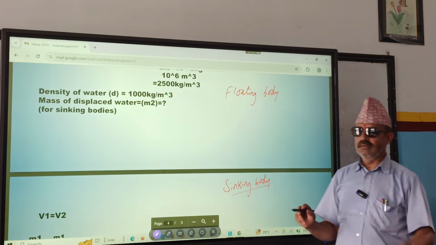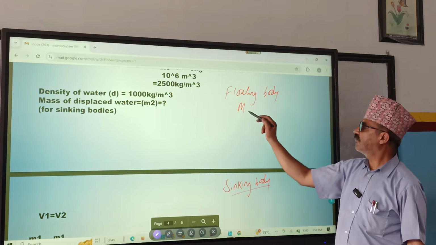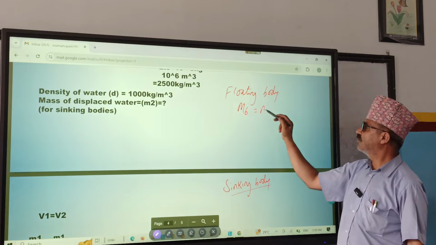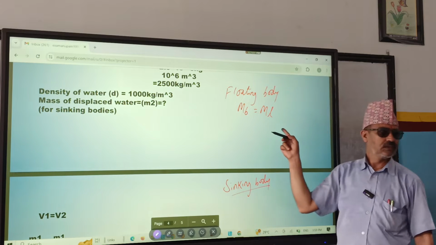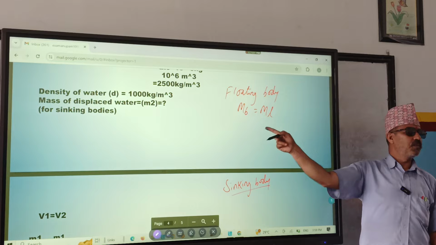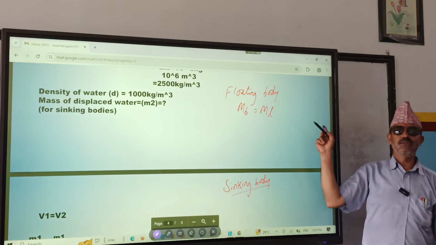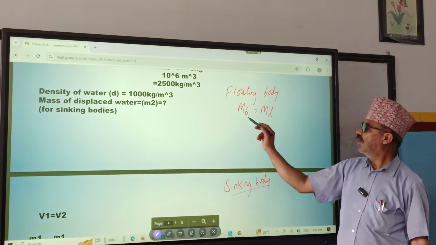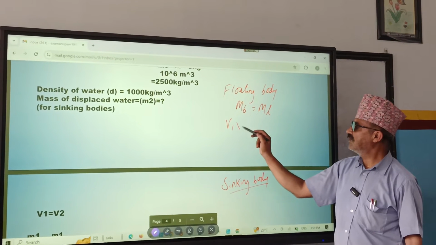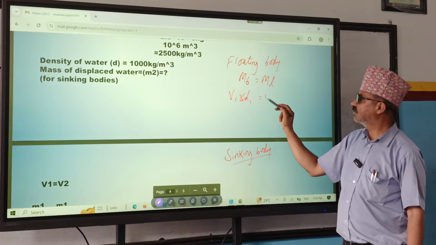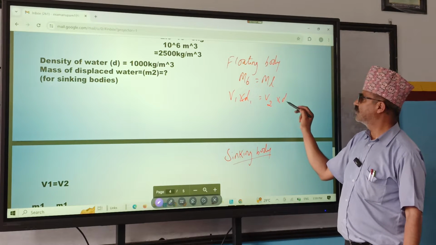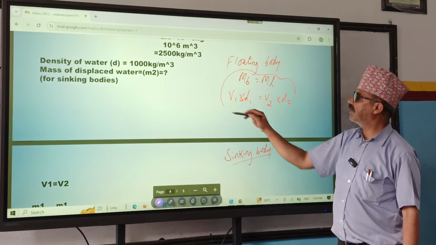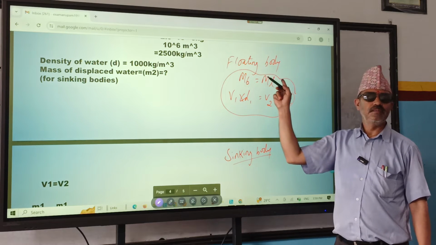If a body is floating, mass of body equals mass of liquid displaced. Remember, mass of body equals mass of displaced liquid. Or we can write V1 times D1 equals V2 times D2. This formula is applicable for a floating body.